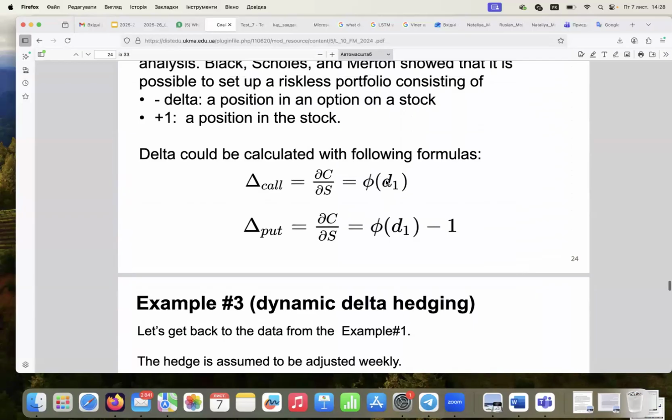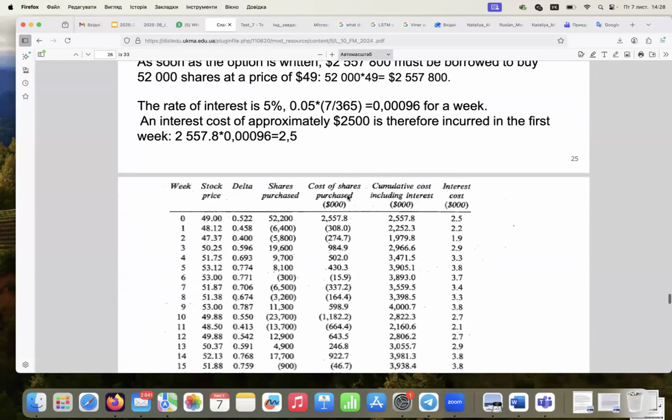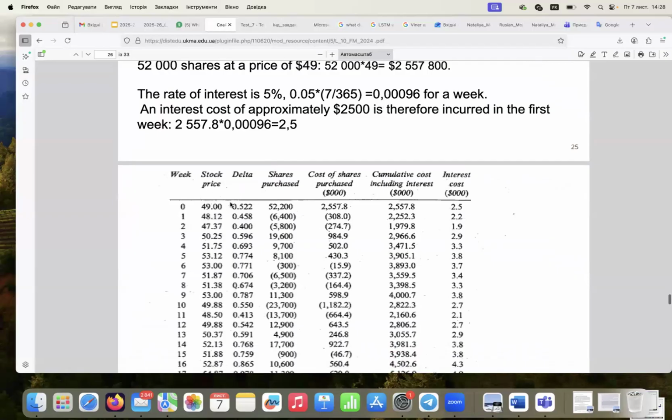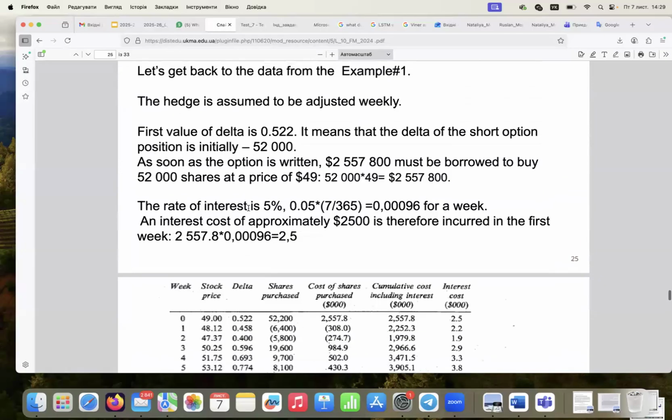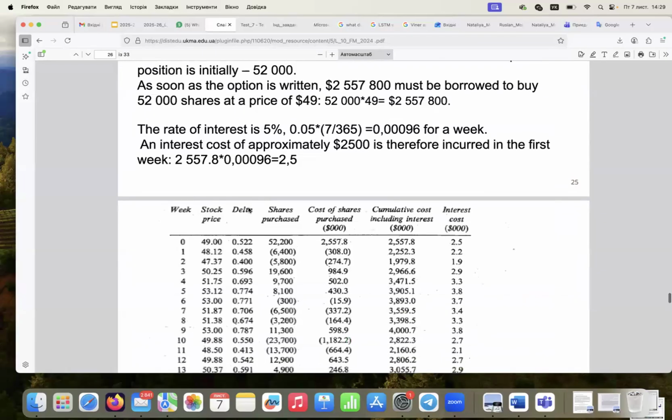We need to compute D1, and after that find the standard normal function from D1. So compute delta. And it means that we need to buy this amount of stocks: 0.522 multiplied by 10,000 shares from our example.